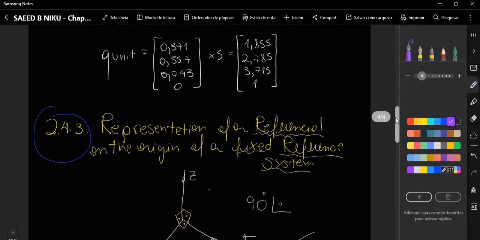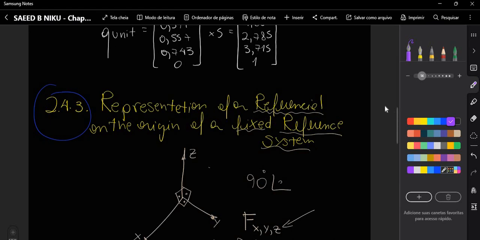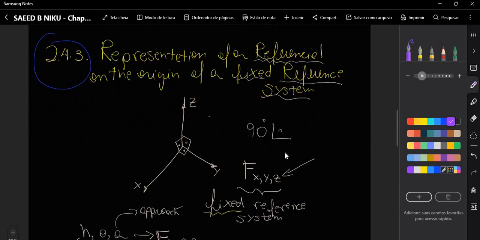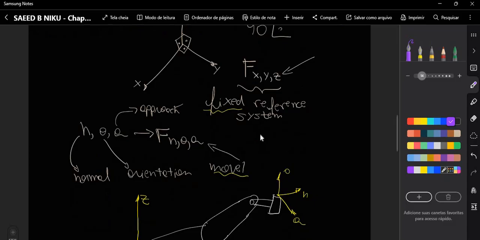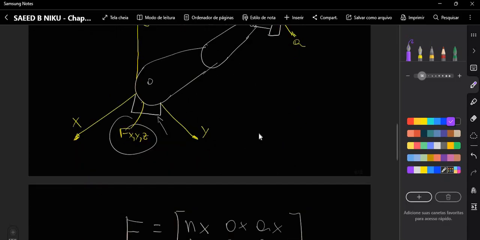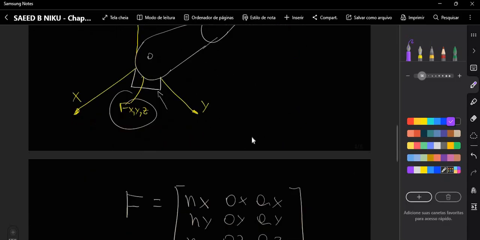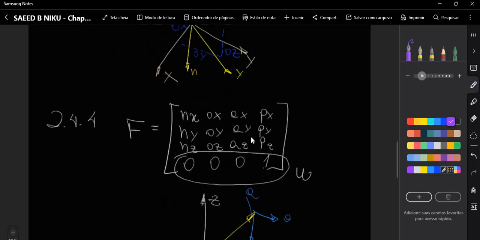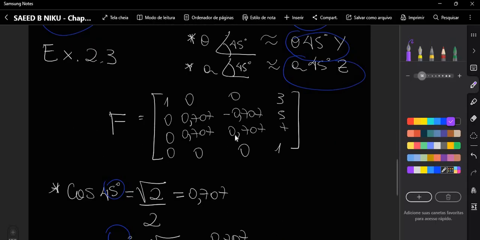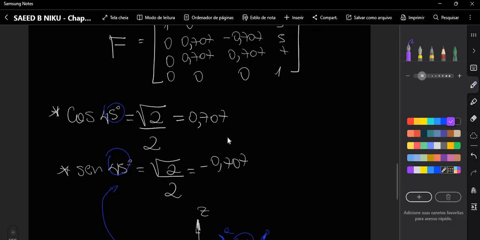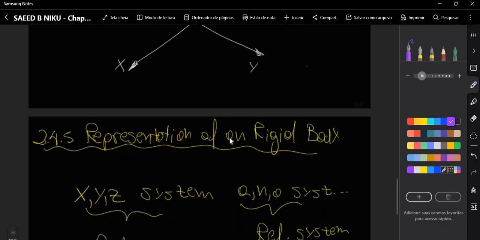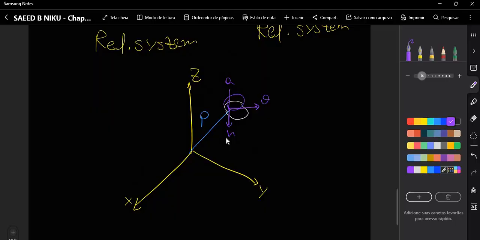We just have to remember that a point has no size or dimensions, only coordinates. And the idea of the topic that we are seeing now, 2.4.5, is to clarify this sentence.